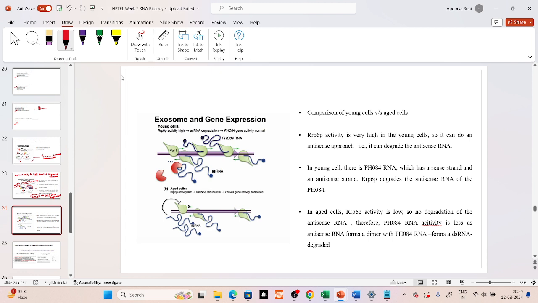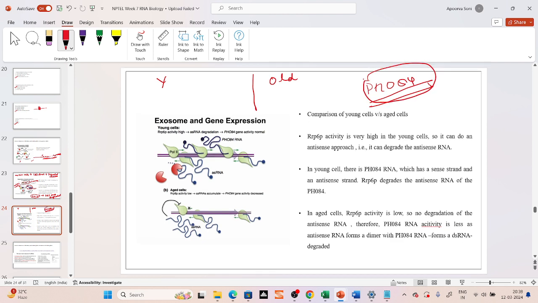I'll tell you what is happening over here. You have young cells and you have old cells. This 484 is a particular RNA which is very much expressed in the young cells. The expression of this RNA occurs only when the antisense part of this RNA is deleted, because RNA works best when it is single stranded.